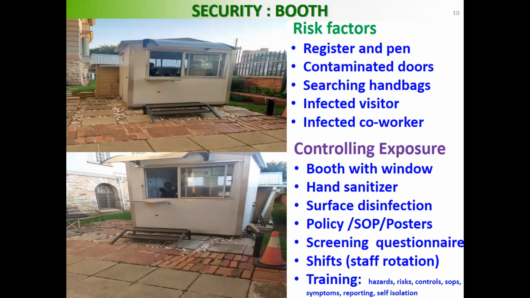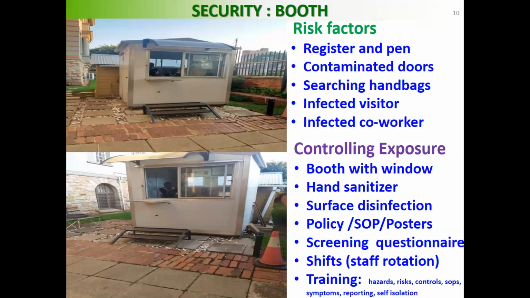So these are just examples that I was mentioning, that you can have securities, but they may be doing different jobs. So security at the booth, they have some sort of an engineering control. They have a window here. There is some distance that's been kept between the visitor and the security. But there is a registration there and a pen that is used by everyone.